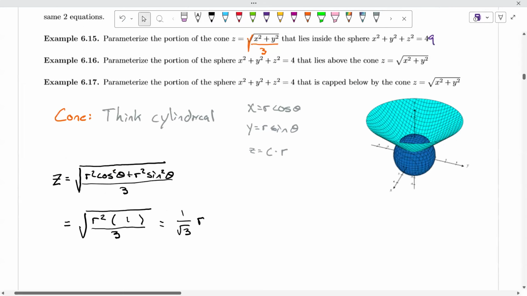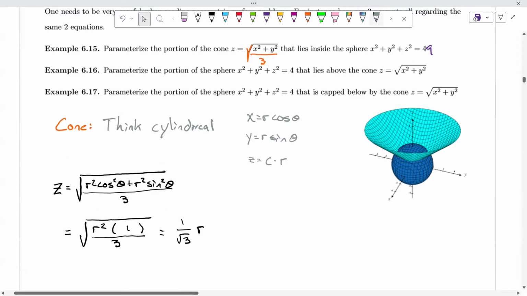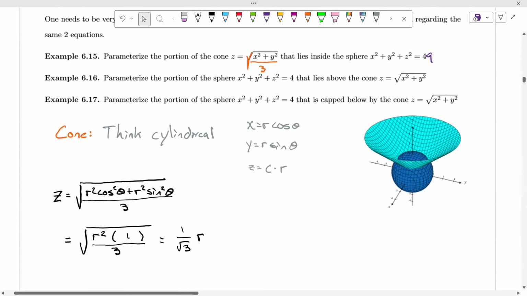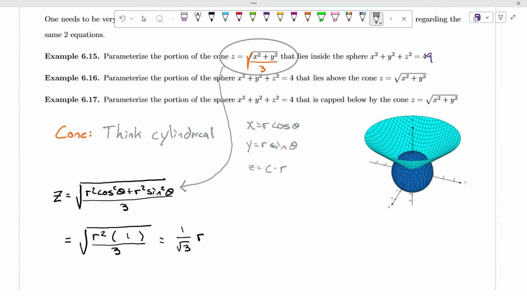So what I am doing there is taking this equation of the cone, bringing it right down here, and then plugging in for x and for y. Couldn't you just do x squared plus y squared equals r squared?